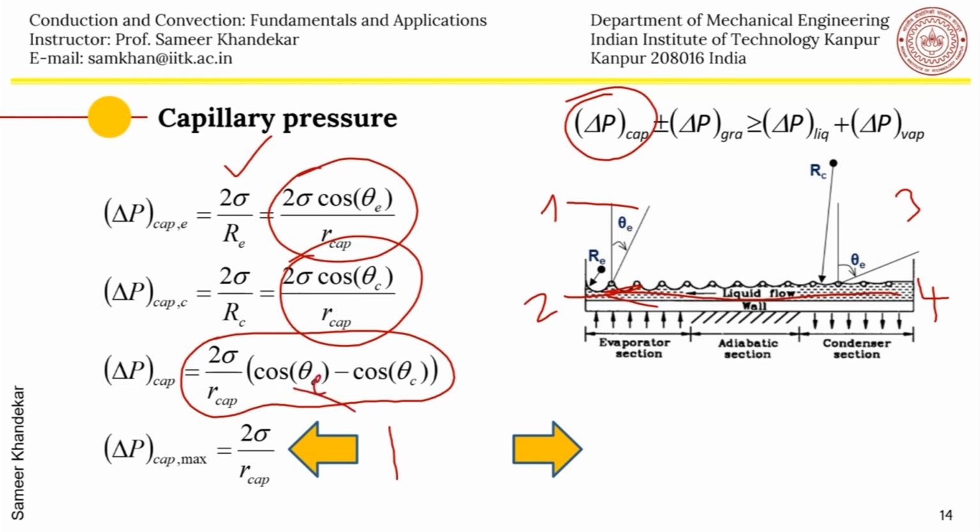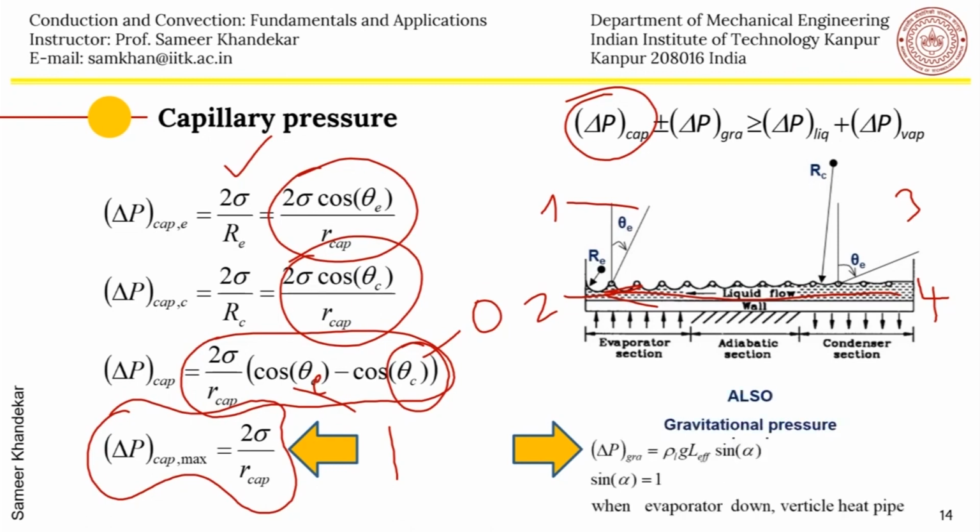The gravity term is simple. It is rho L into G into L effective into sine alpha, where sine alpha will be equal to 1 when the evaporator is down in the vertical position. So you will get the maximum advantage of gravity when the evaporator is here and the condenser is here, and vice versa.